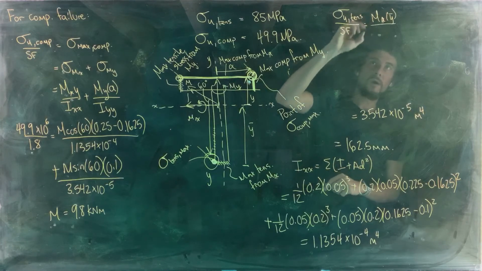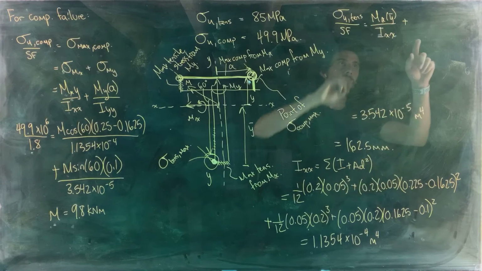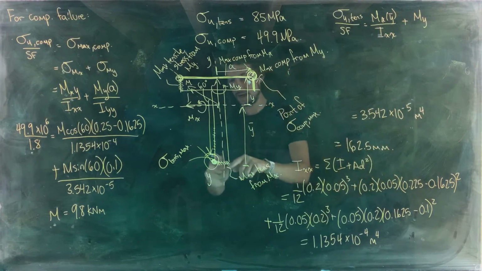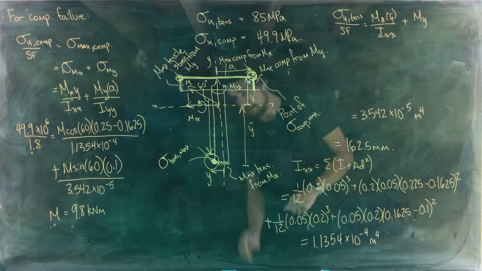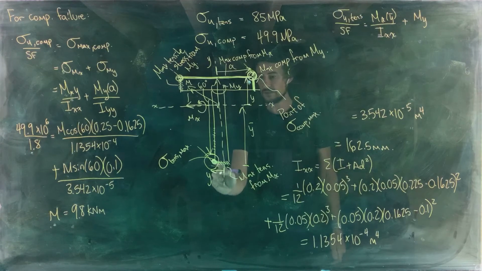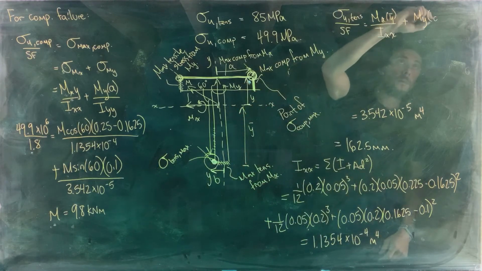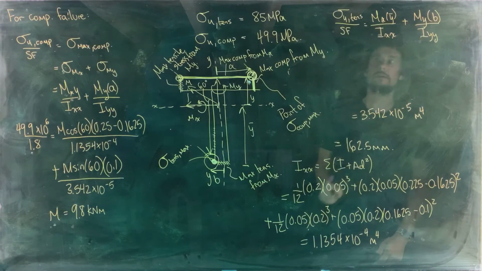So we put y bar in there, and then we've got Ixx, plus M subscript y multiplied by the distance that this point is away from the y axis. So we'll call that distance, what, b here? B divided by Iyy.